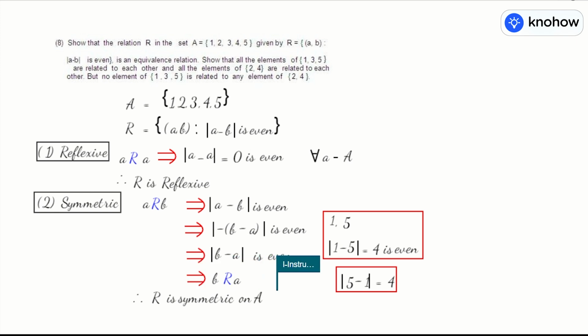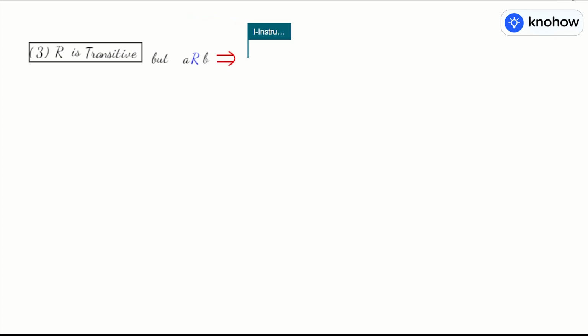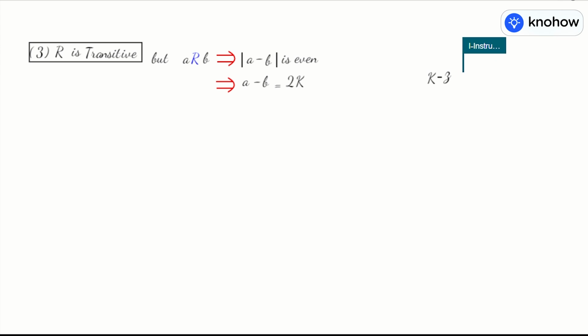Now to check the third required condition, that R is transitive. Let A be related to B, that means modulus of A minus B is even. That implies A minus B is of the kind 2k, where k may be any integer, say in Z. Why?